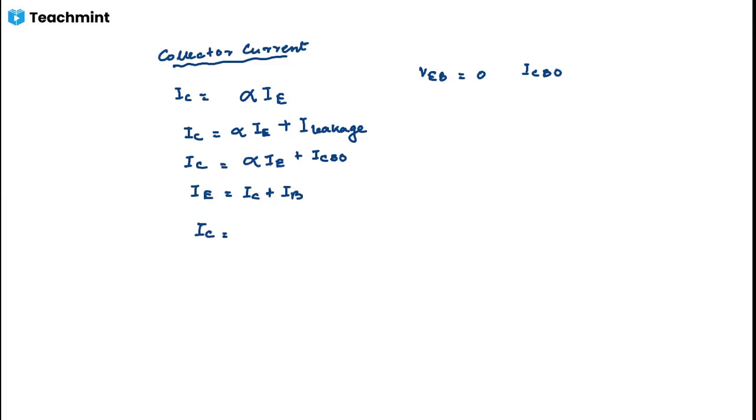IC equals alpha into (IC plus IB) plus ICBO, since the IE value has been substituted here. That can be written as IC into (1 minus alpha) equals alpha into IB plus ICBO.